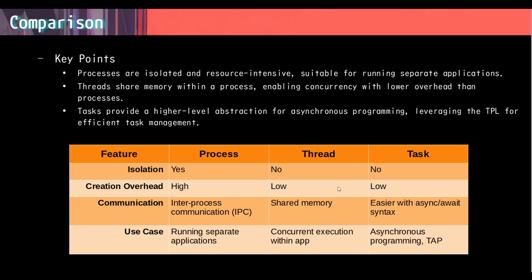Compared to a process, a thread and a task are a better solution for multitasking. For communication, if you want to separate your operation into another process, you need to design some IPC, inter-process communication, just like the localhost way we talked about before. On the other hand, if you try to communicate between two threads, one way is to use shared memory, just using some variables between two different threads.